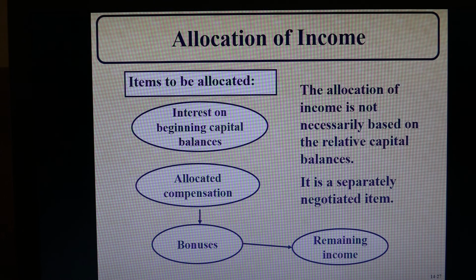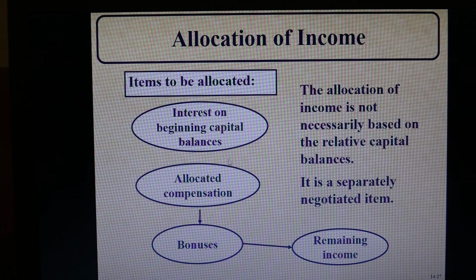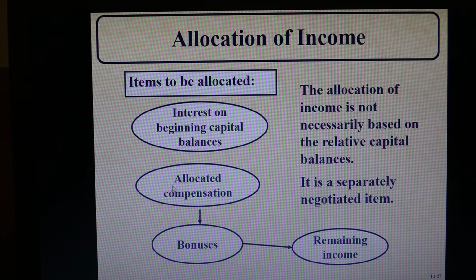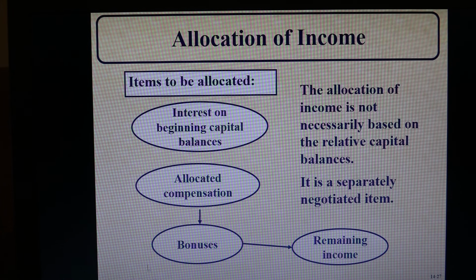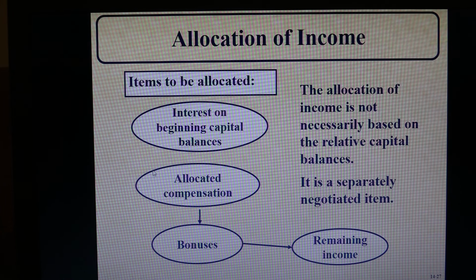So if you have this sort of deal, you can allot the income based upon interest on beginning capital balances or on average capital balances. Certainly you could allocate a certain amount of the income to compensation, and then any remaining income would be allocated however the partners have agreed.